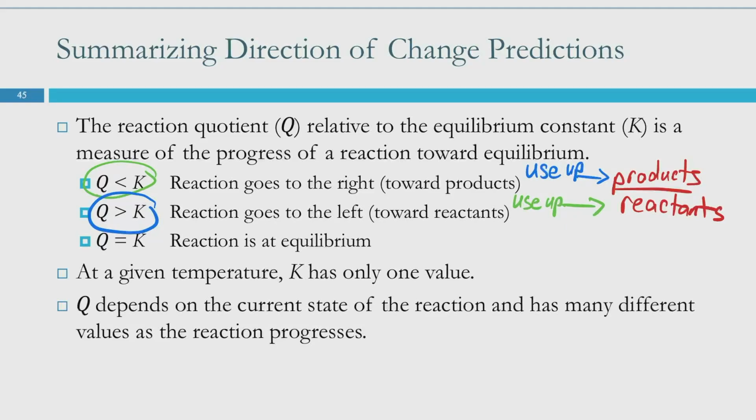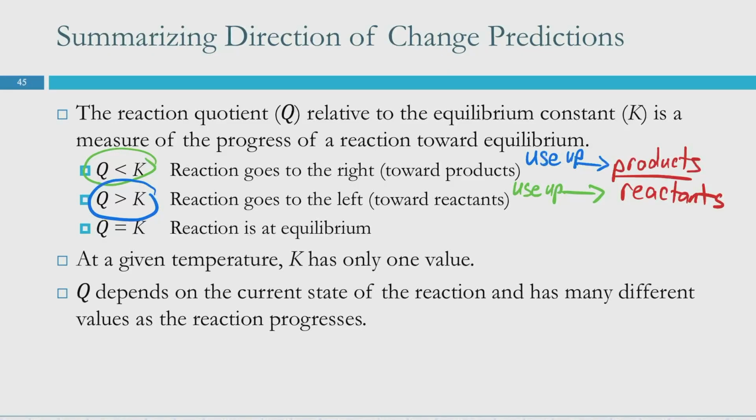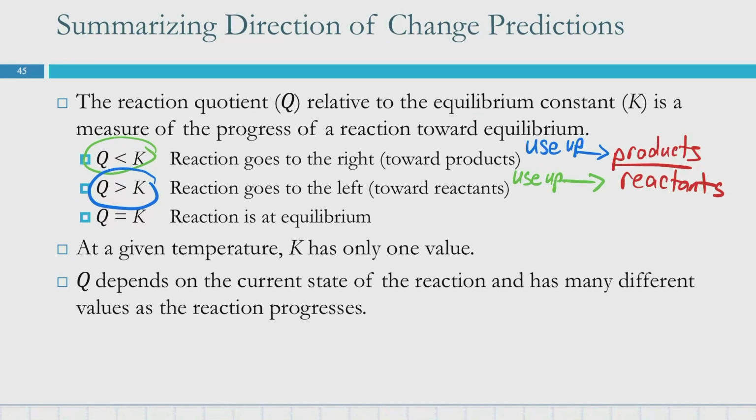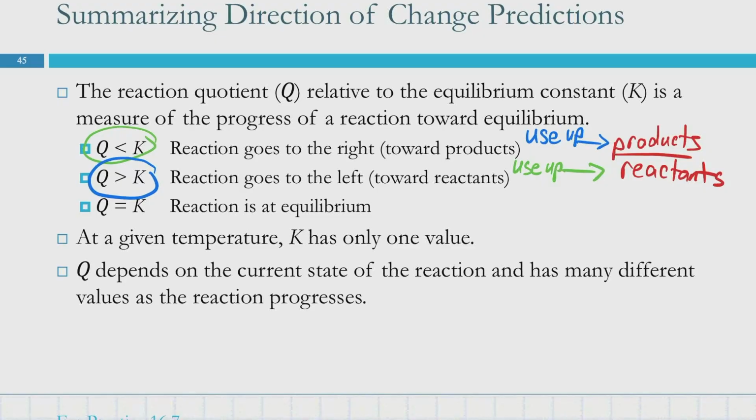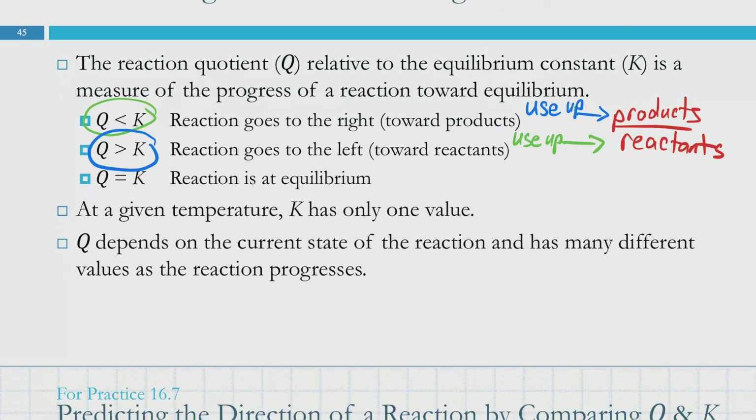And if they're the same, then we're at equilibrium. You can measure Q however many times you want. It should have a continuously sliding scale of values as the reaction occurs.